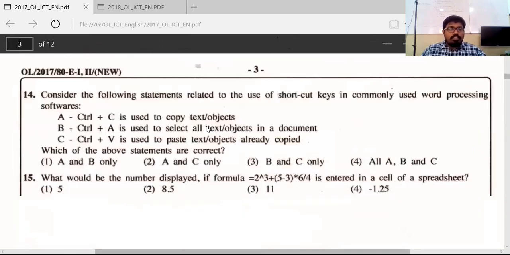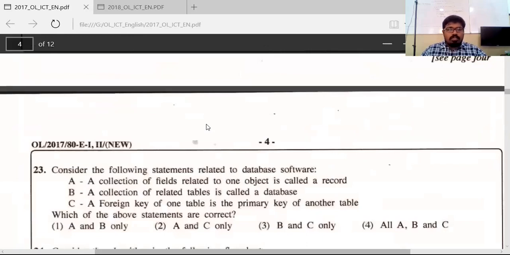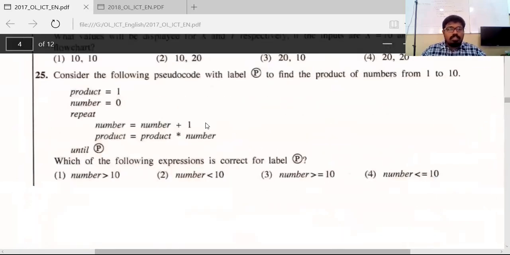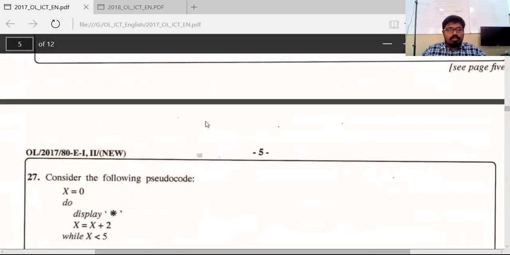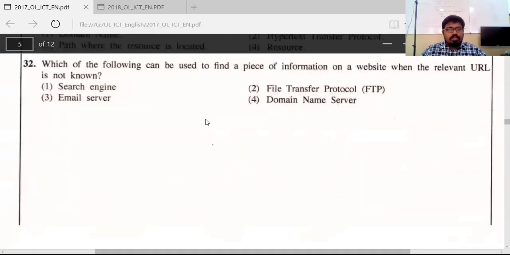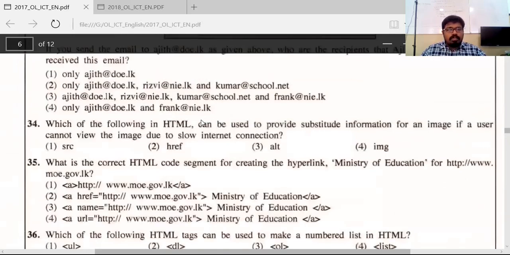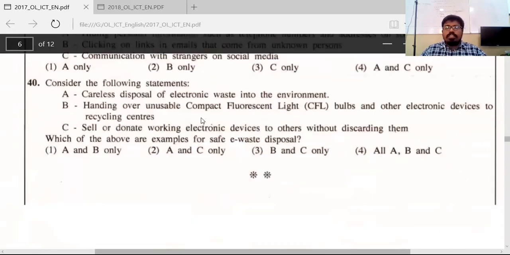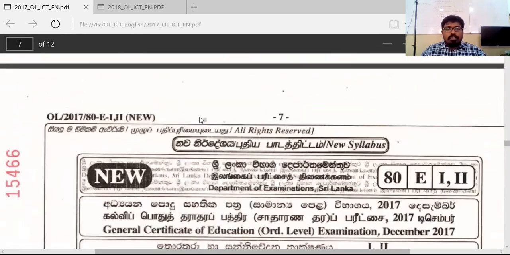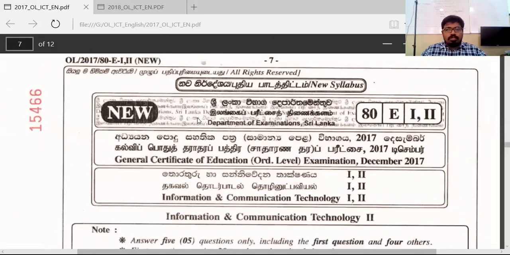There will be questions. Right. So that's the end of 2017 paper part 1. Now we will consider 2017 paper part 2, right?